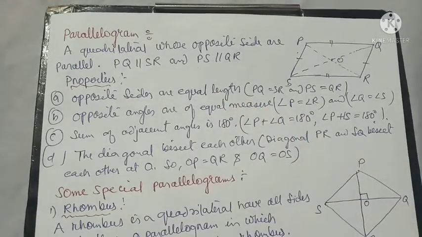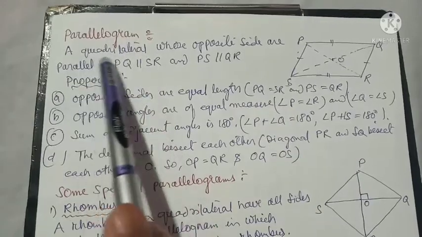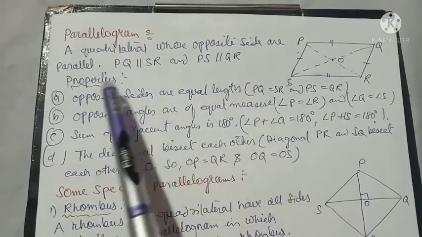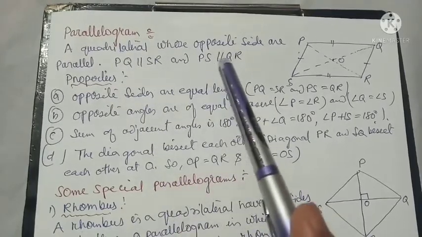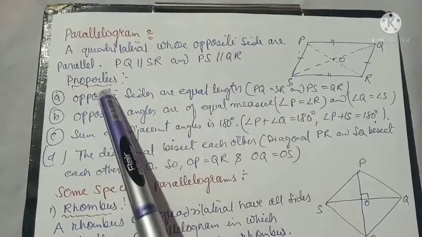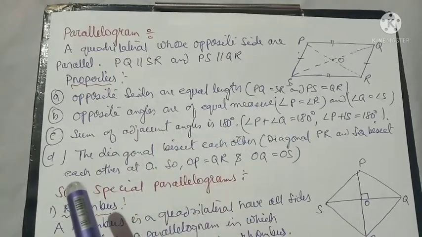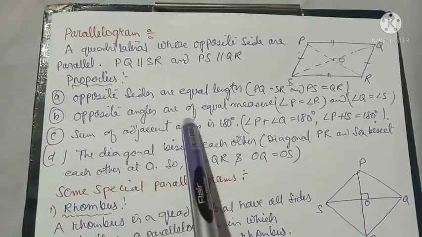Now again, a parallelogram is a quadrilateral whose opposite sides are parallel, that is PQ is parallel to SR and PS is parallel to QR. Properties: opposite sides are equal in length. Opposite angles are equal in measure.